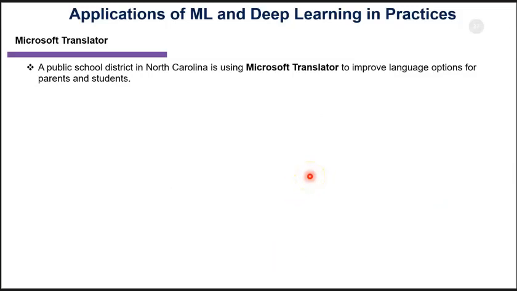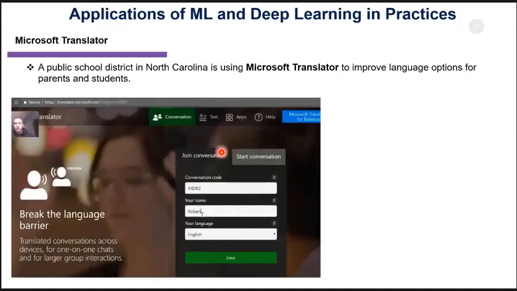A common example of deep learning with machine learning is Microsoft Translator. Microsoft Translator is an online conversational application for language translation, and it can translate 87 languages with 12 speeches. For example, public schools in North Carolina are using Microsoft Translator to improve language options for parents and students.